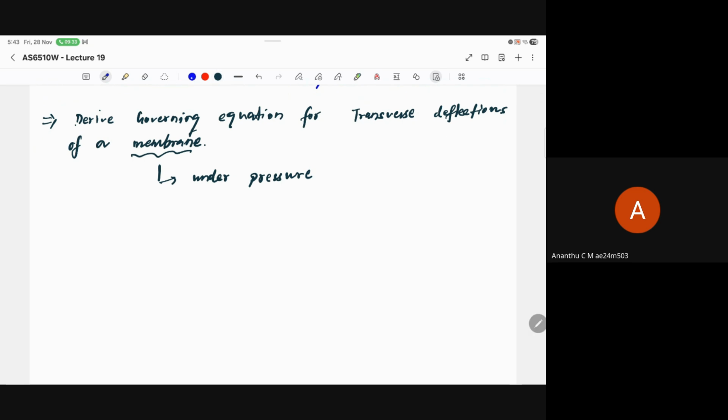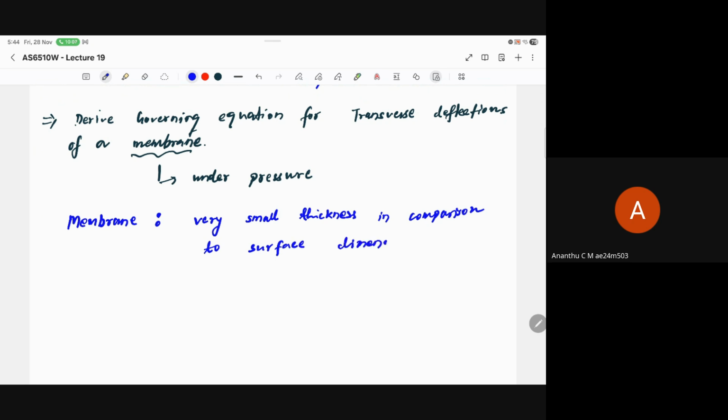Okay, so first we will define what a membrane is. I have already mentioned this part, but let us just write it. So let us define membrane. A membrane is something which has very small thickness in comparison to its surface dimensions.